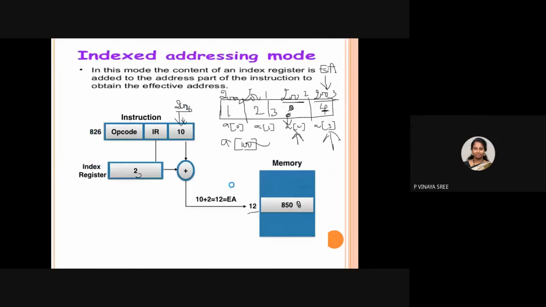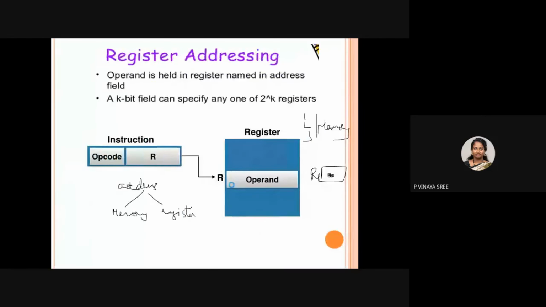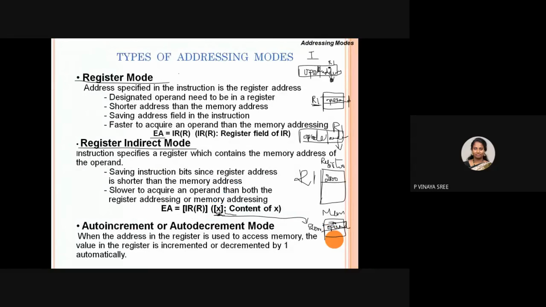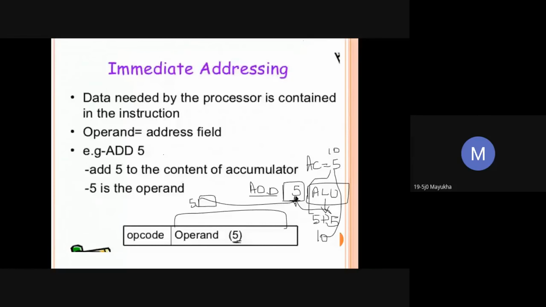Now, immediate operand. Immediate means you don't have any effective address. Just now I explained, no? Immediate addressing mode means the data needed by the processor is contained in the instruction itself.